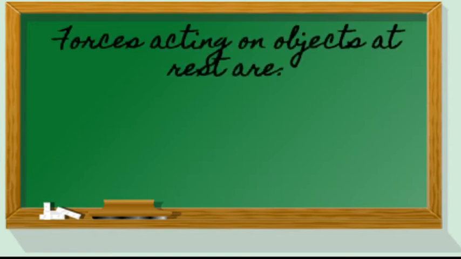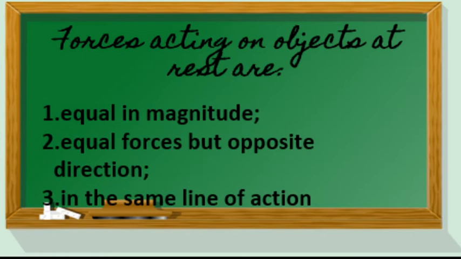In both cases, you can now infer that the objects remain at rest because the forces acting on the pen and the vase are equal in magnitude. Equal forces but opposite direction.